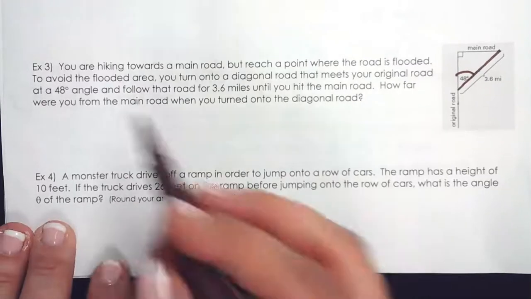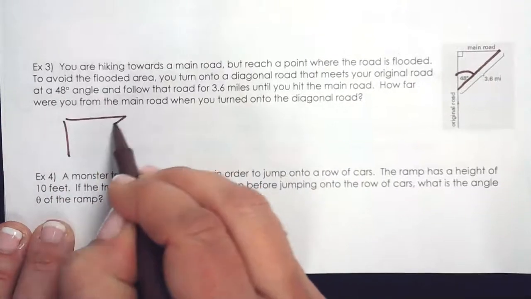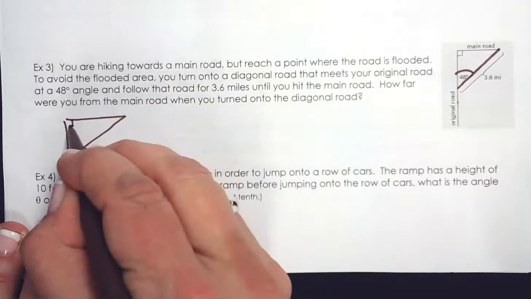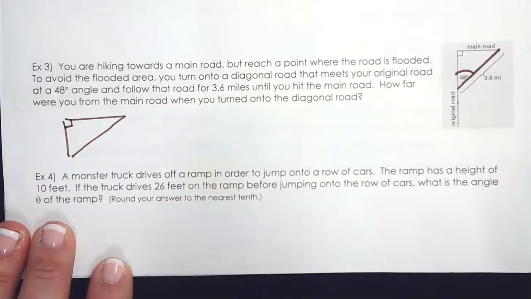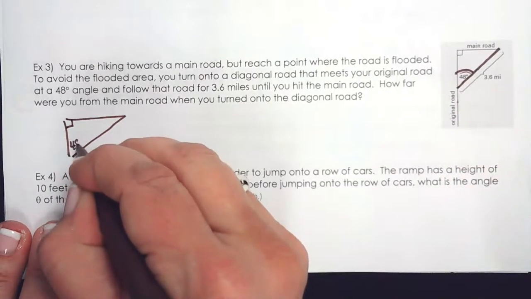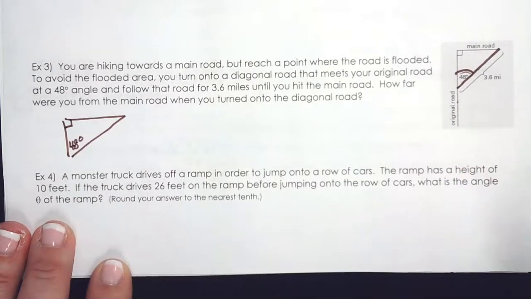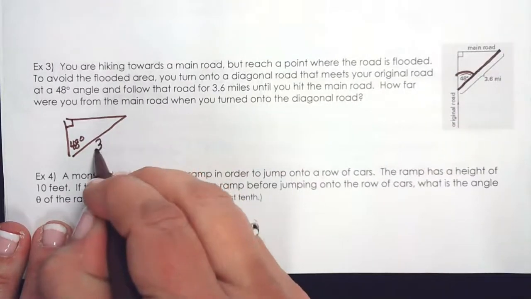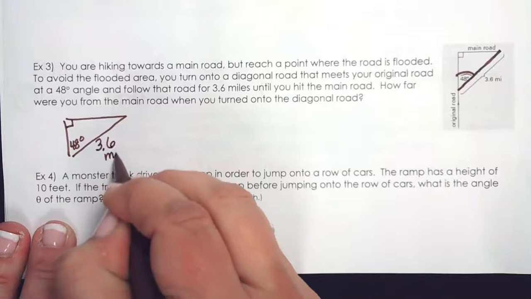Okay, well, my friends, there's just a triangle that's here. This is a right angle. We turned here, so this angle is 48 degrees. It said that we traveled 3.6 miles on that diagonal road, which is like our hypotenuse.